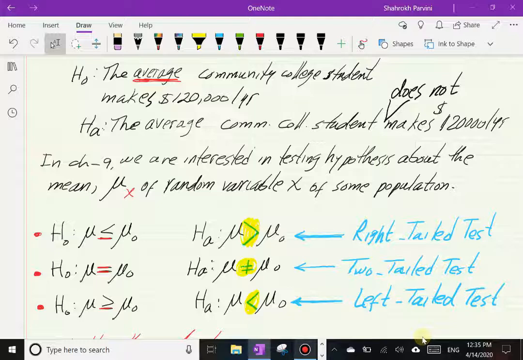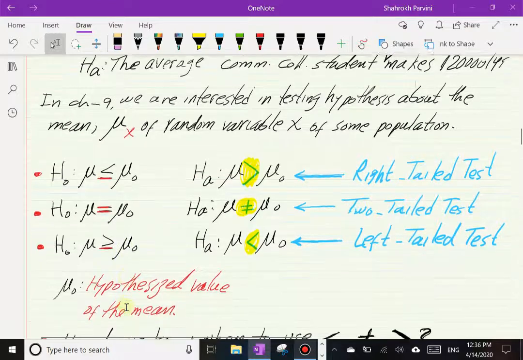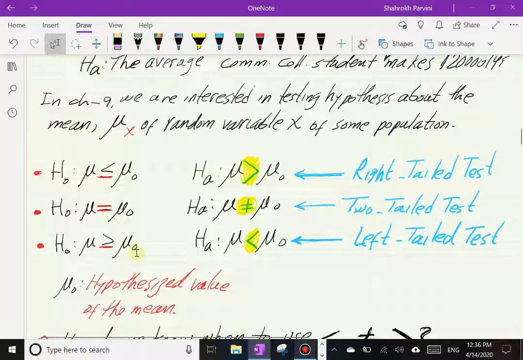The null hypothesis, these are 3 classifications of a statement of the null hypothesis. The first one says that mu is less than or equal to some value. The second one says the mean is equal to some value, and the other one says it's greater than or equal to some value. Now, the mu with the subscript 0 is what we call the hypothesized value of the mean.